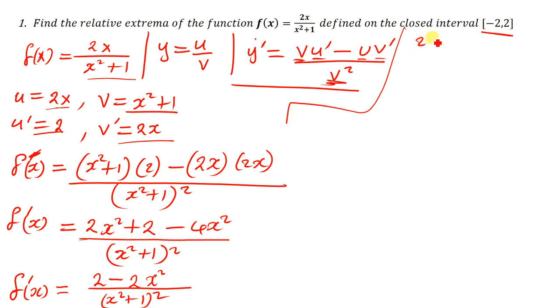We have 2 minus 2x squared, all divided by x squared plus 1 squared, and we equate this to 0. When you cross multiply, you just remain with 2 minus 2x squared.